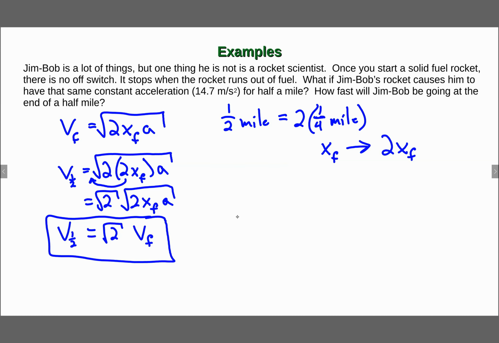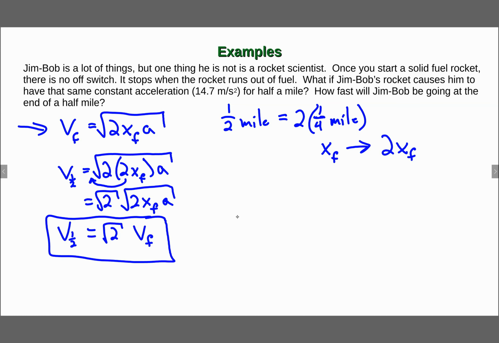So our answer expressed in variable form, as a function of the variables that we know, made it really, really easy to answer this second question. And again, we can give this one now really easily in terms of meters per second and miles per hour. We don't have to do a bunch of new unit conversions or anything like that. All we're doing is multiplying root 2 times our answers from before.